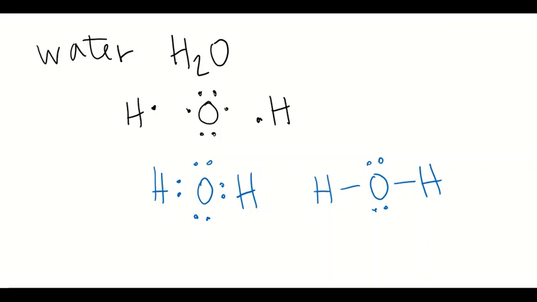So keep in mind here we have 2, 4, 6, 8 electrons, and remember this line represents 2 electrons, so we have 2, 4, 6, 8 electrons here. Then we're going to see if everybody's following their rules. So hydrogen has 2 electrons around it, so that's our duet rule.